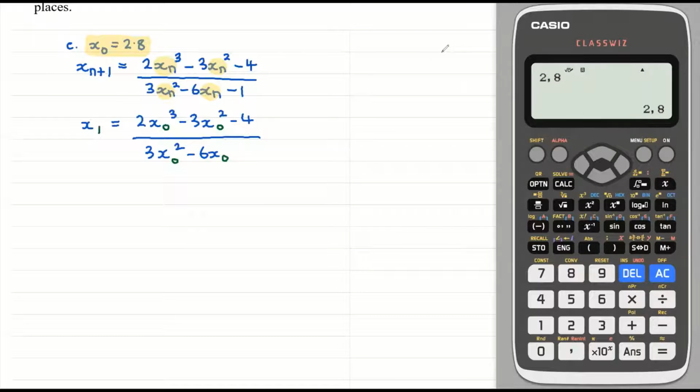Now, obviously, you can translate the x naught into just an answer on the calculator. So wherever you see an x naught, that just becomes the answer.